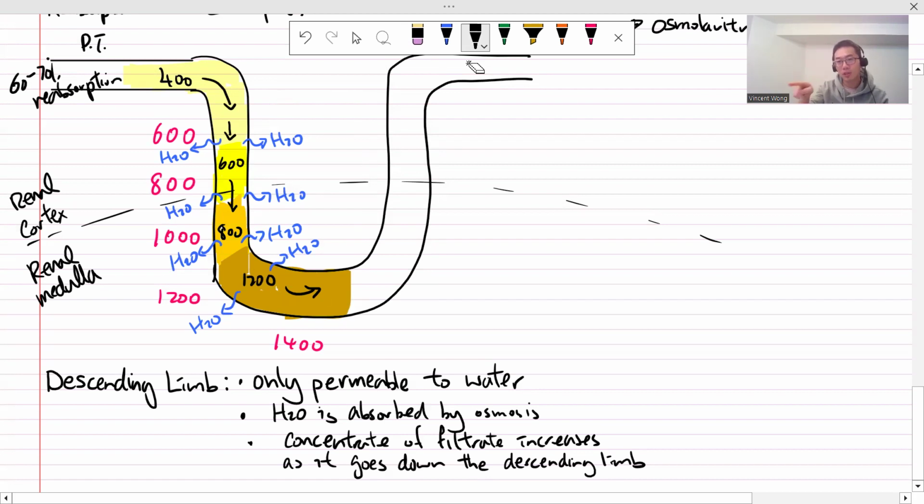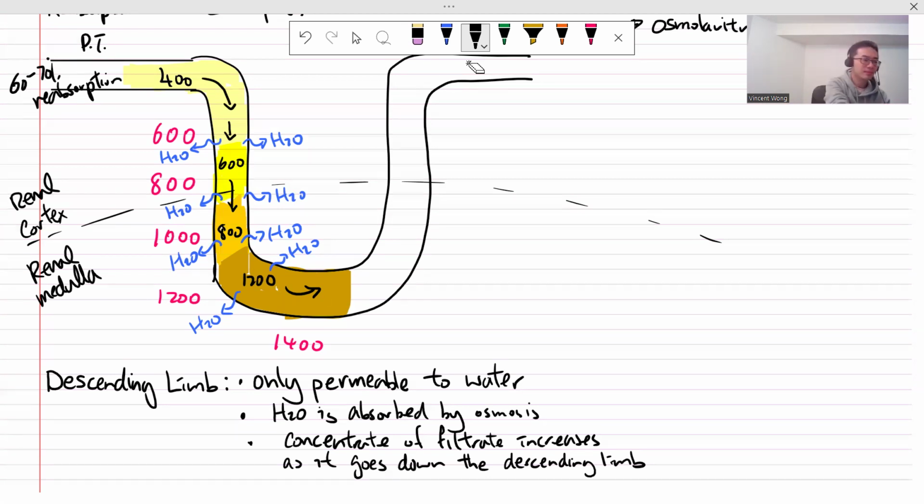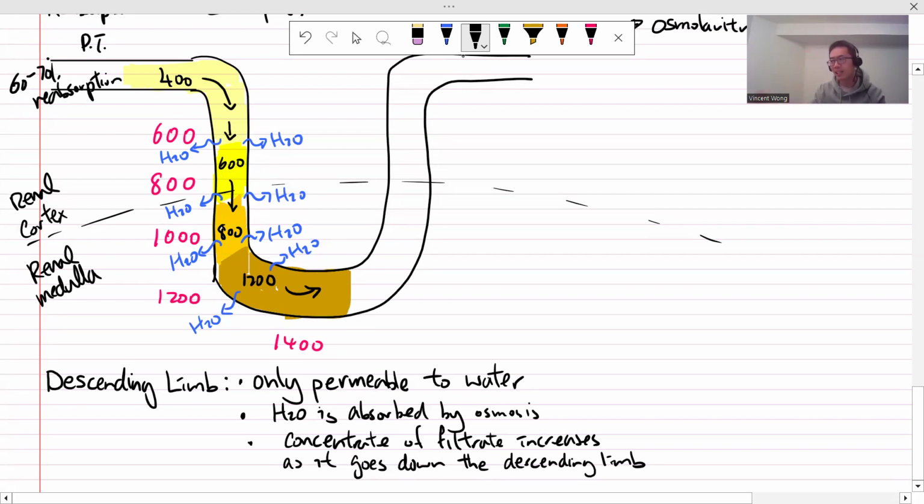If the loop of Henle is really short, you don't have a lot of time to absorb all the water. It's just gonna end up in the pee, and then you're just gonna lose all the water out of your pee. Do you guys understand this? Yeah, I got it. Yeah. Anyone else have any questions about what I said?